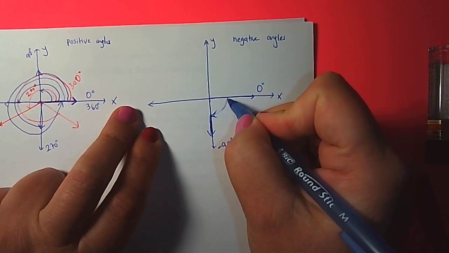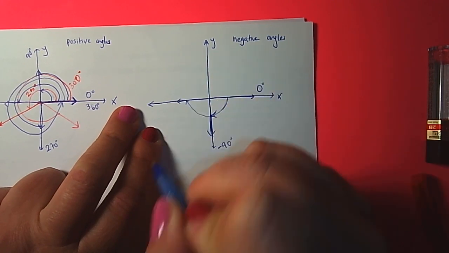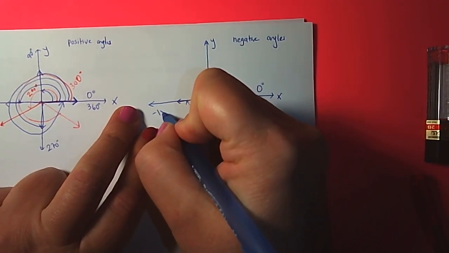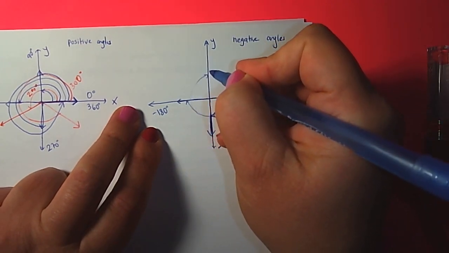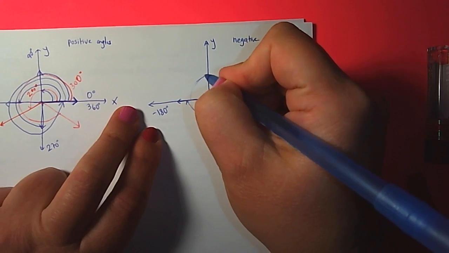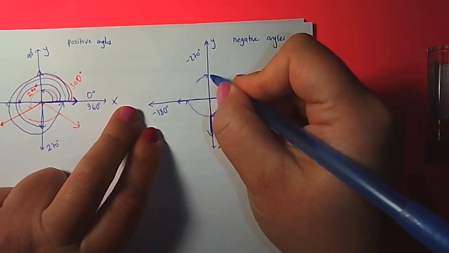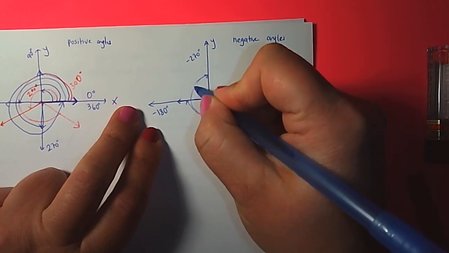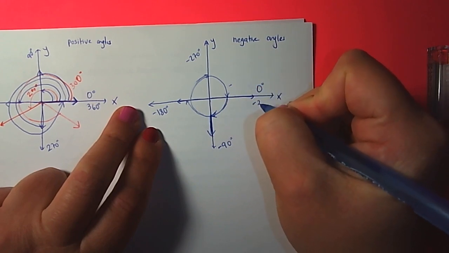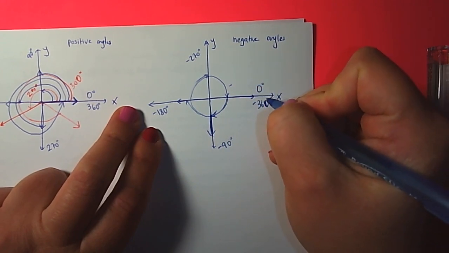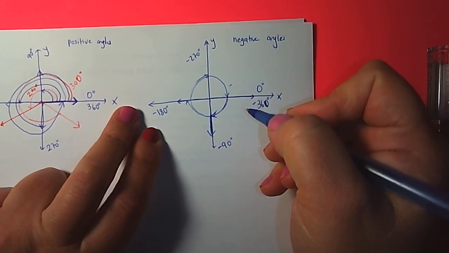If the terminal arm is located on the negative x-axis, then we have negative 180. If the terminal arm is located on the positive y-axis, going clockwise, we have negative 270 degree. And finally, if we go all the way back to the positive x-axis, that gives us negative 360 degree. Okay. So again, this is going to be very helpful when sketching negative angles.